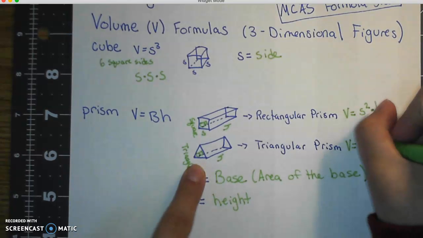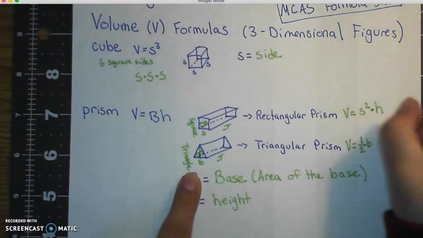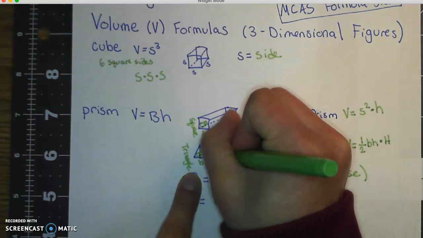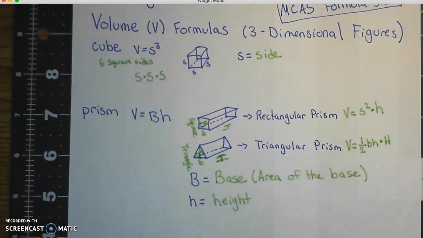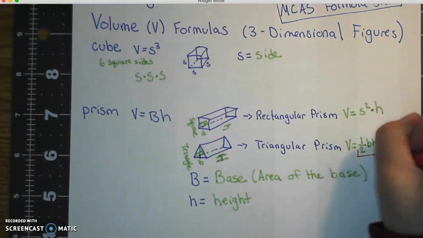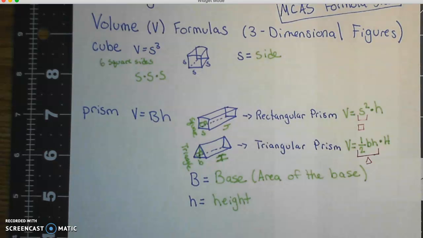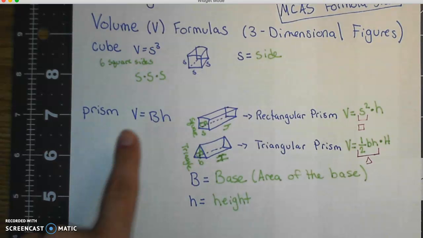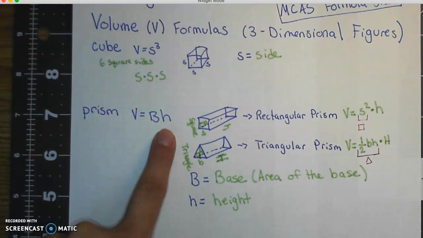So that's 1/2 base times this height, times, and let's call this the big height. The trick with a prism is first you need to find the area of the base, whatever shape it is, and then you just multiply by the height.